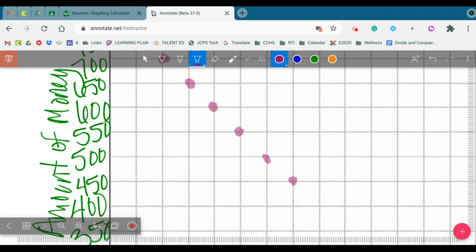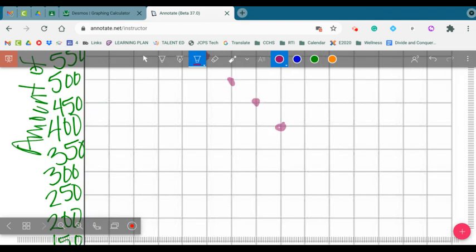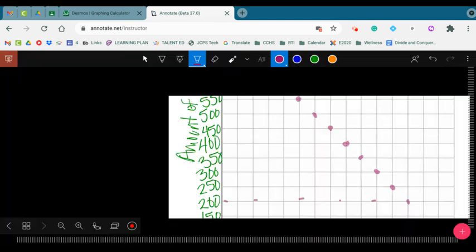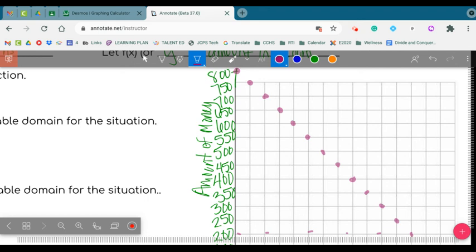So whenever we're at this 200 mark, the graph is going to stop. So keep that in mind. He's not going to spend any more money at that point. So we're going to graph this line, and it's going to stop at the 200 mark.